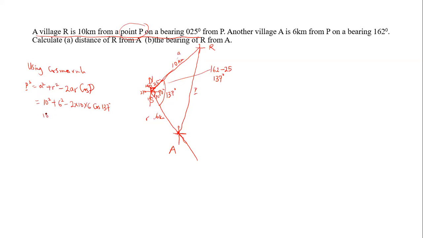So that's 100 plus 36 minus 120 cos 137. So you can just go to your calculator to get the value of cos 137. When you press your calculator, the value will be minus 0.7314.